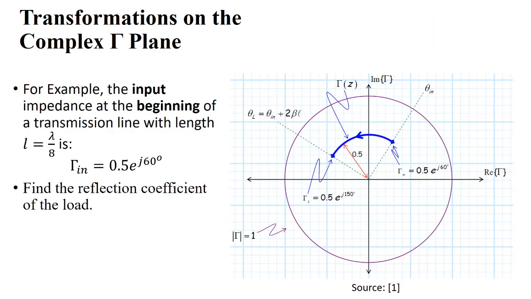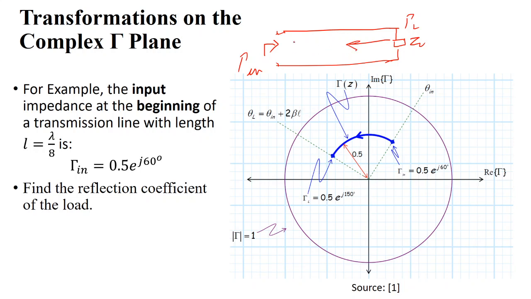Now, if the input impedance at the beginning is known, for example, here the load is connected, and we want to know the reflection coefficient. We don't know the load actually, but we know the reflection coefficient at this point. Using this we can move. If we move from here to here, the reflection coefficient changes according to the formula. Similarly, if you move back from the positive side, the phase will increase as you move in lambda.